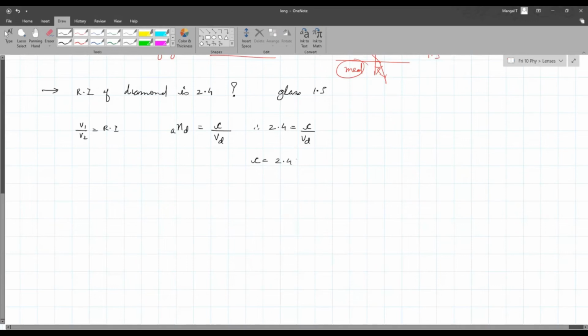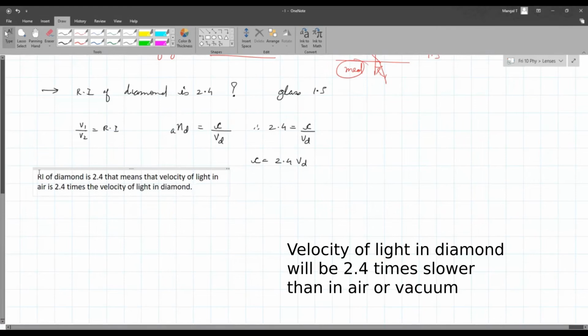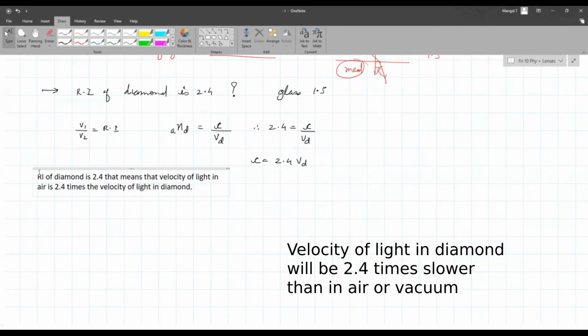So c is equal to 2.4 vD. Let me type out what I mean. A refractive index of diamond of 2.4 means that the velocity of light in air is 2.4 times the velocity of light in diamond. Another way to put the same thing is that the velocity of light in diamond will be 2.4 times slower compared to that in air.